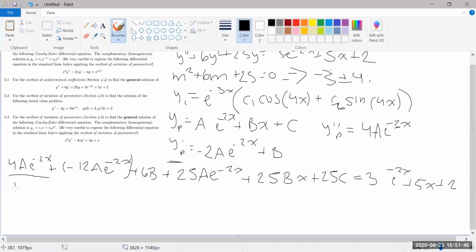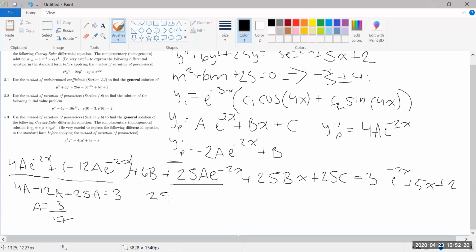So we have 4a minus 12a plus 25a equals 3. Okay, and from this you can get that a equals 3/17.